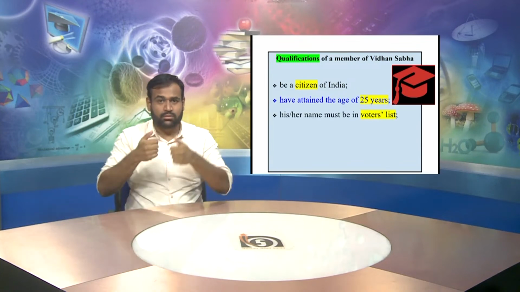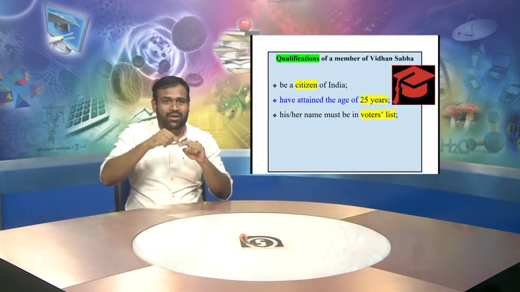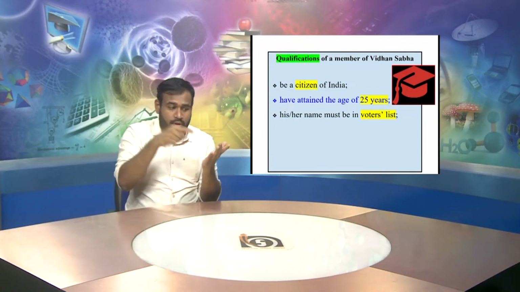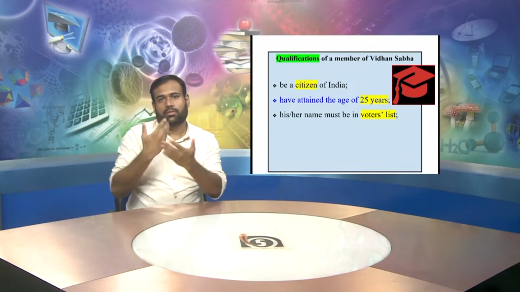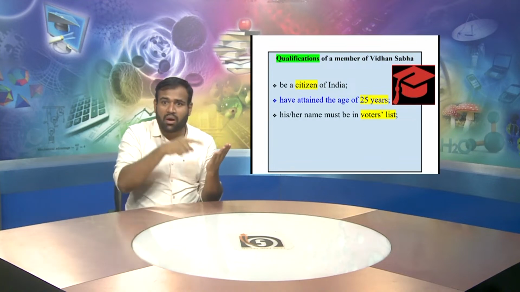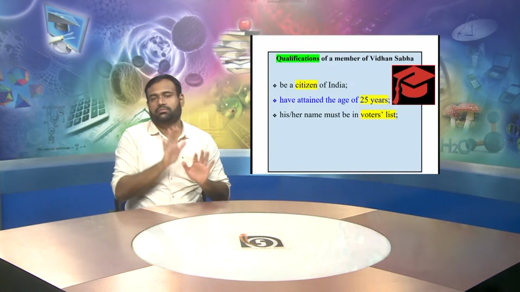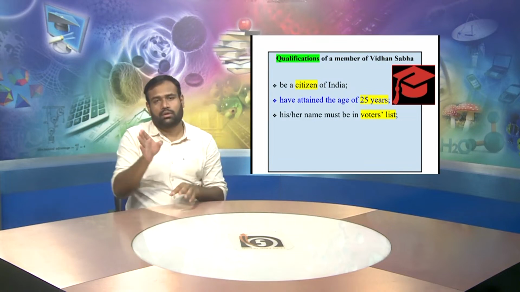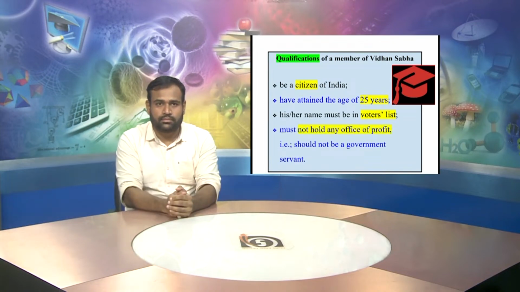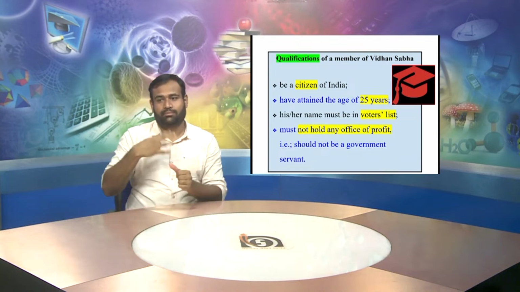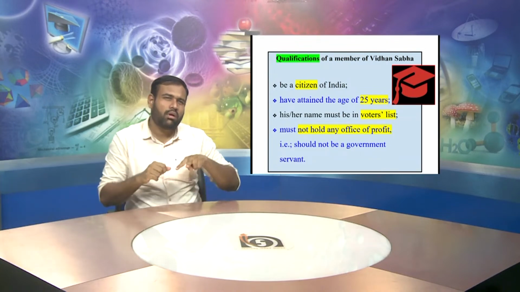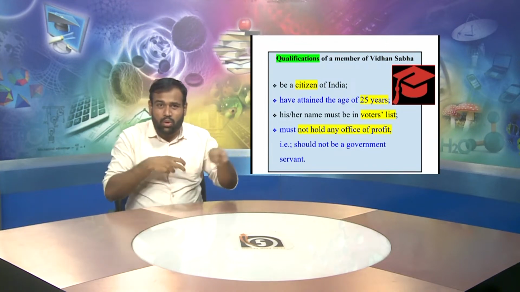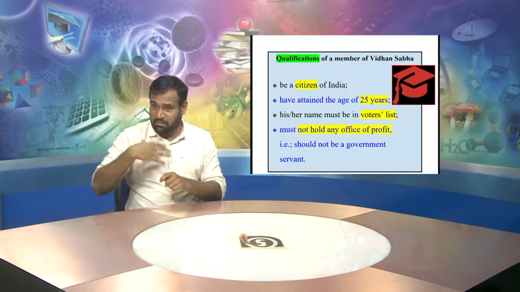And the third eligibility is that the candidate's name must be in the voters list. Next important eligibility is that the candidate must not hold any office of profit, meaning the candidate should not be a government servant.